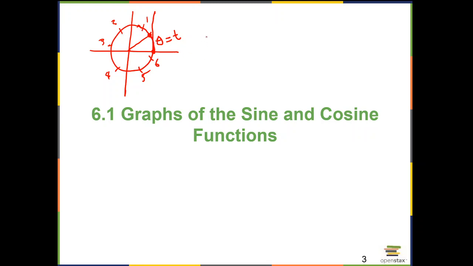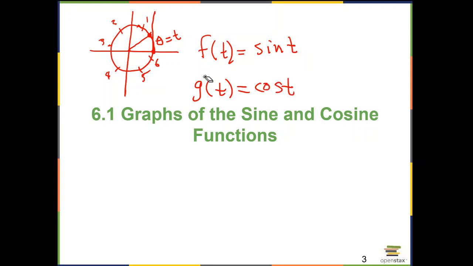So we can think of a function of t, and call it, let's say, sine t, and think of another function, g of t, and think of that as cosine t. And now a point on this circle has two coordinates, cosine t and sine t.